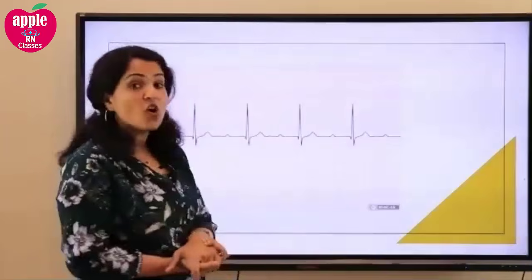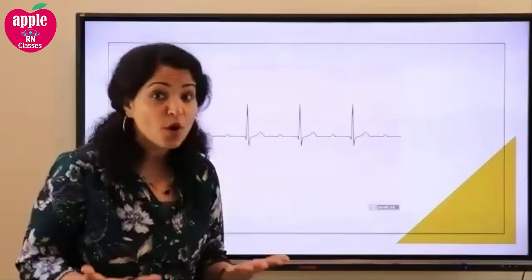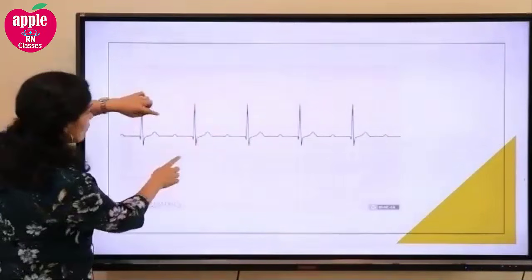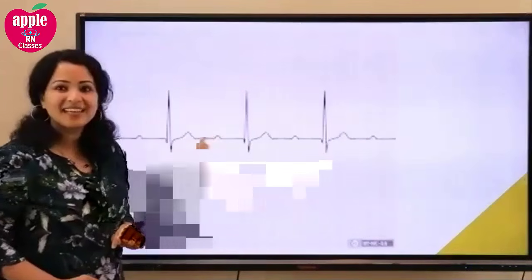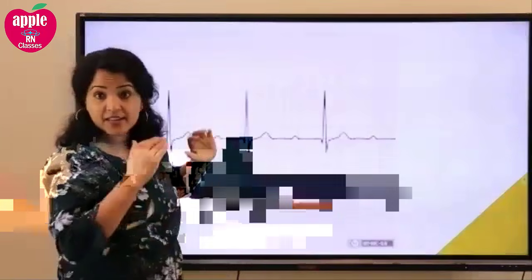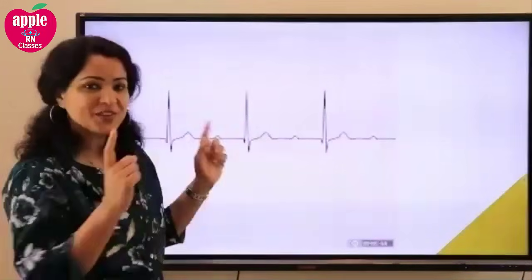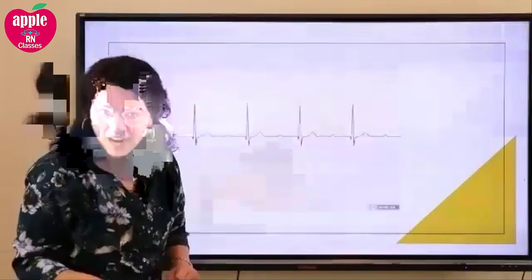If there is no dropping, then that means it's first degree. Most probably it's first degree. And it is first degree because if you look at the PR interval, it is longer, right? It is definitely the same PR interval each time, but it is longer. So this is going to be our first degree heart block.